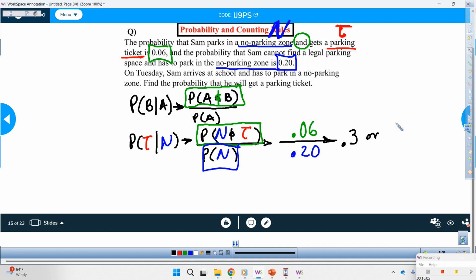Or in fraction form, I'm going to say approximately 1/3. What does that mean? According to the problem, it says, find the probability he will get a parking ticket. So that means that 1 time out of what? Out of 3 times, he's going to get a parking ticket when he parks in a no parking zone.